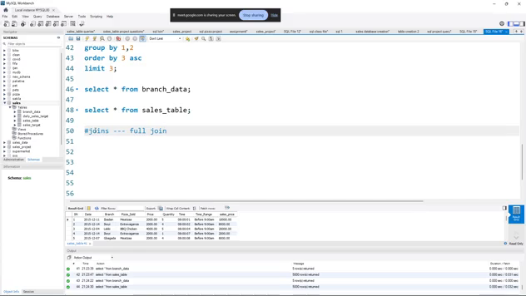Consider I want to join two tables, table A and table B. All the data in table A and all the data in table B will appear in my answer. I will combine both of them together.